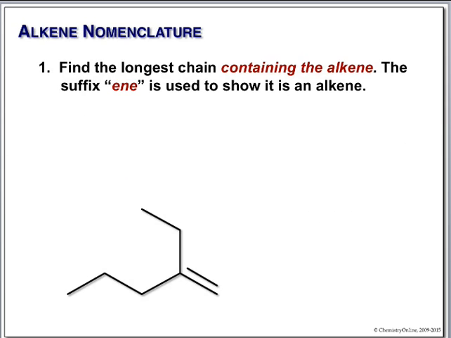First of all, in an alkene, the parent chain must contain the alkene. So the longest carbon chain here would actually be here, going up. But the longest carbon chain containing the alkene would look like that.